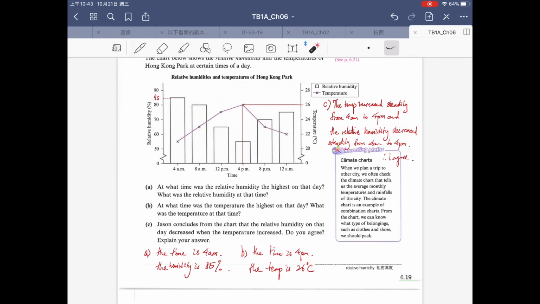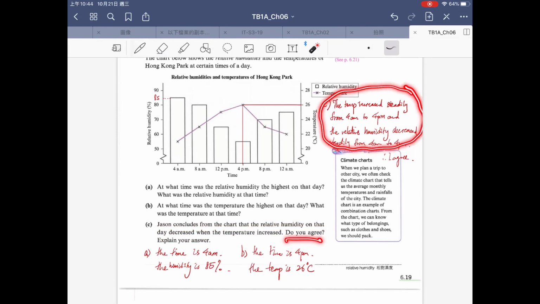Okay? Again, temperature increase, humidity decrease. So this conclusion is correct, then I agree.